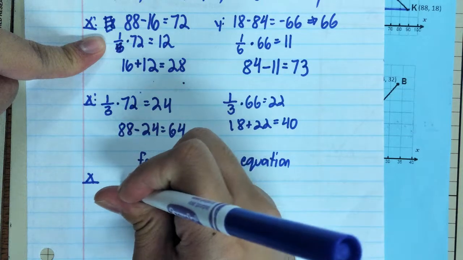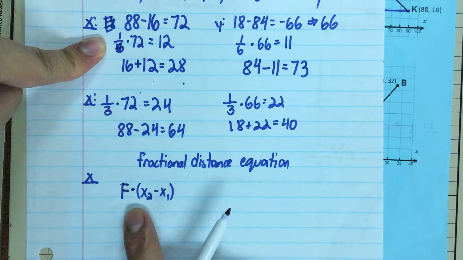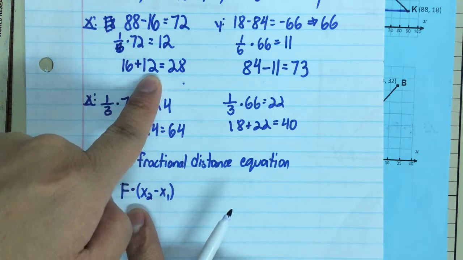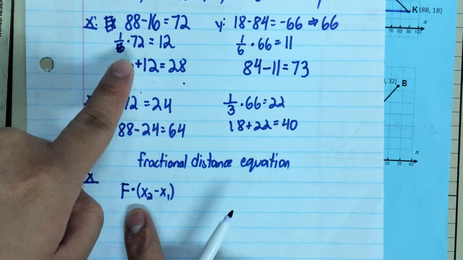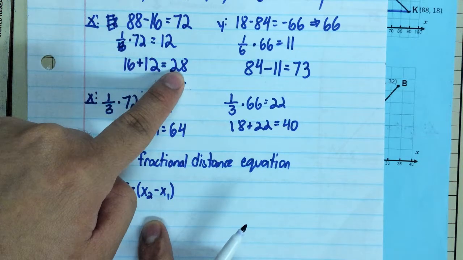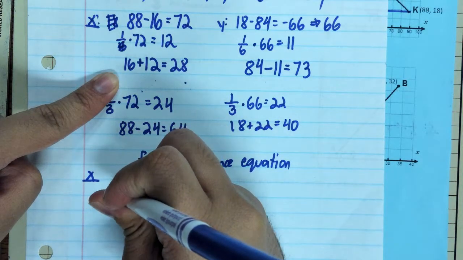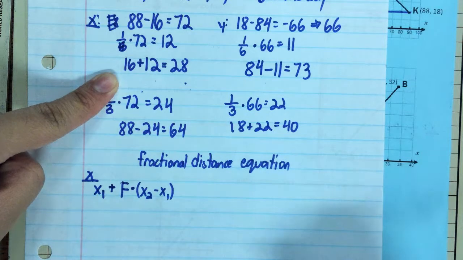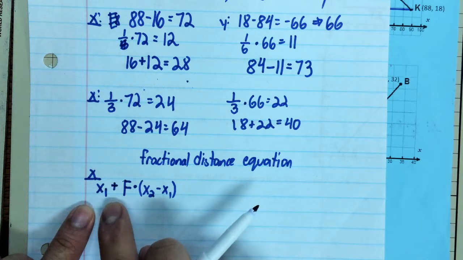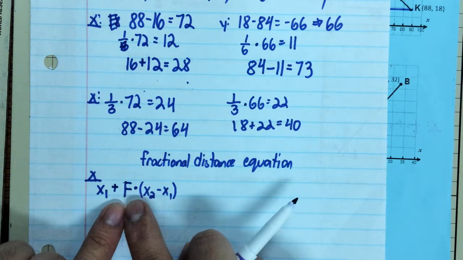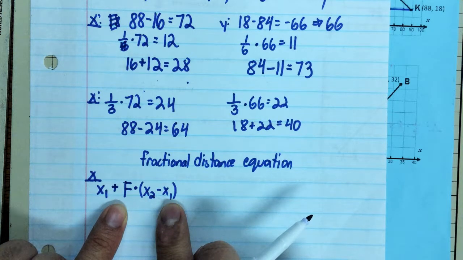So we're going to multiply it out here in front, the fraction. Our last step, there's my fractional distance part. I added it to my beginning point. The beginning point plus your fractional distance equals your ending point. So we're going to add it to x1. So what this means is your starting point plus this whole part, your fraction times the distance between your 2 points, will get you the ordered pair for the x value.